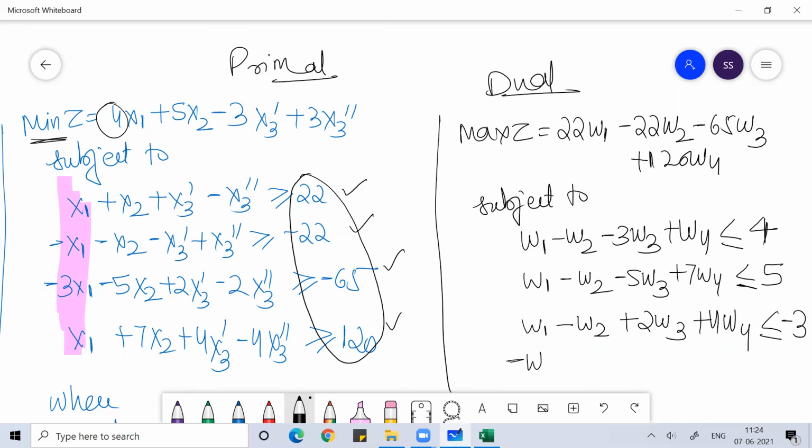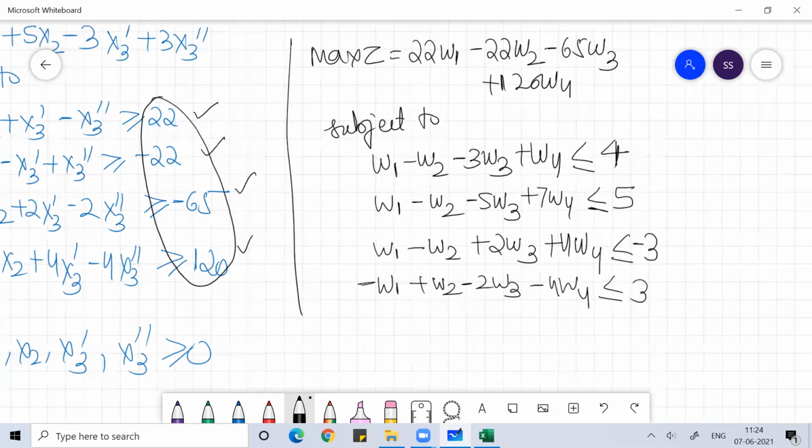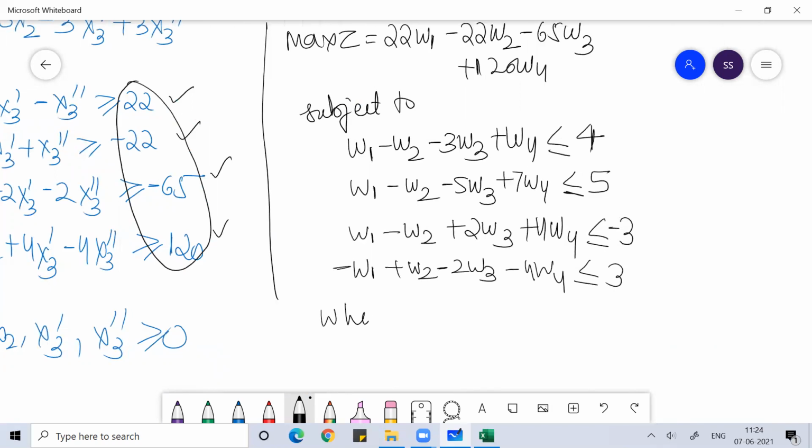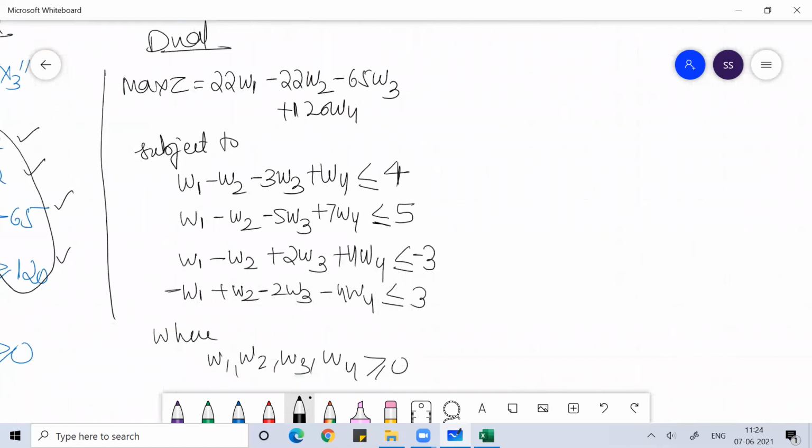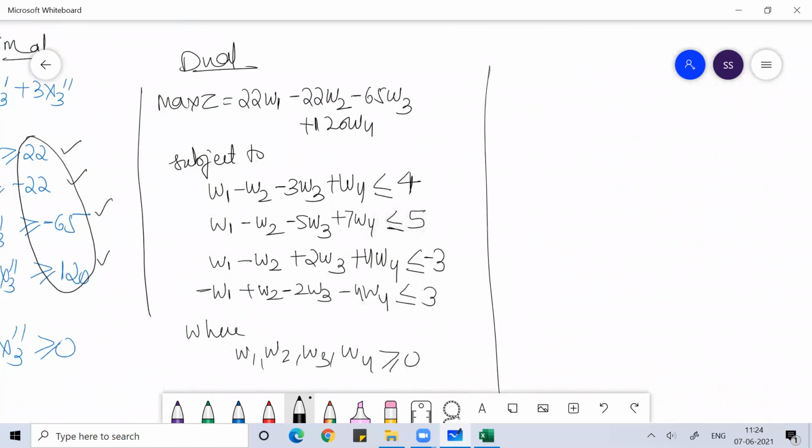Then this is minus W1 plus W2 minus 2W3 minus 4W4 is less than or equal to 3, where W1, W2, W3, W4, they are greater than or equal to 0. Any doubt, anyone?